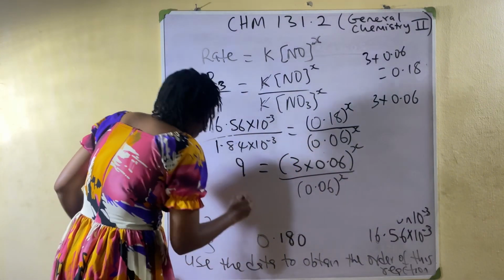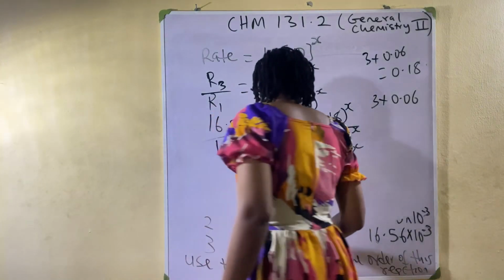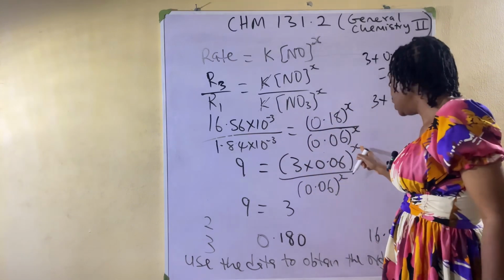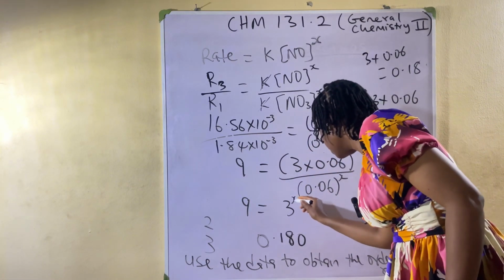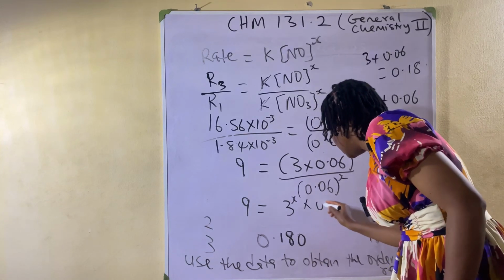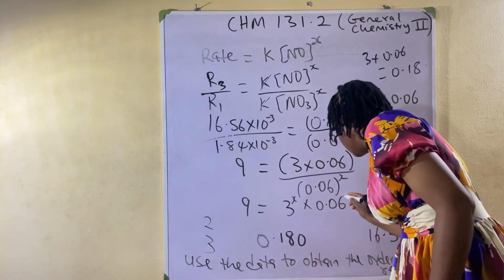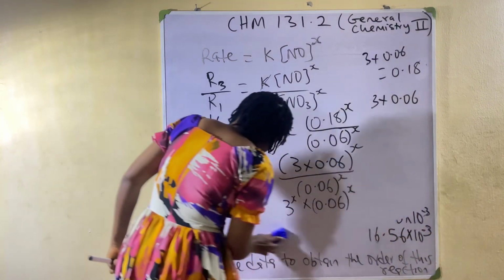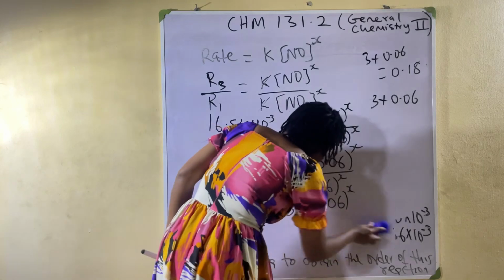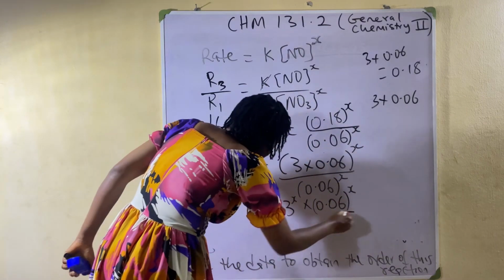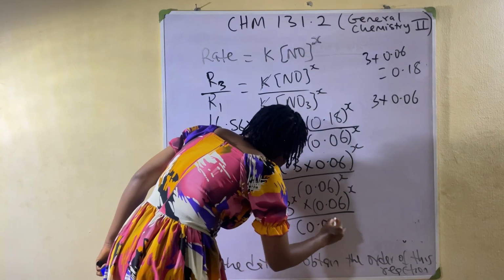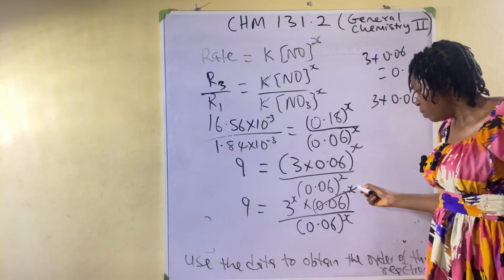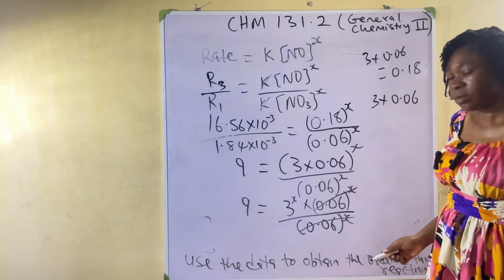So 9 equals 3 raised to the power x times 0.06 raised to the power x, divided by 0.06 raised to the power x. These two will go out.